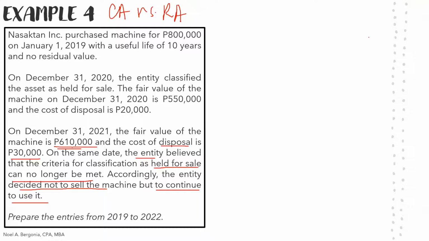So, ang given lang naman sa atin is the fair value less cost to sell. So, this is amounting to 580,000. Okay, the recoverable amount was 580,000. Then we compare it. Okay?